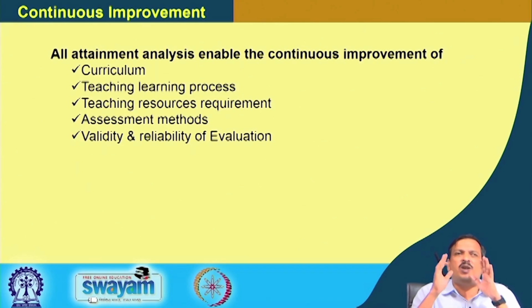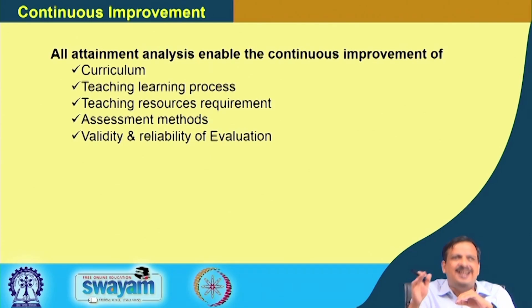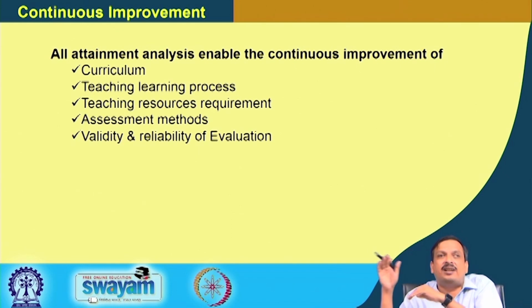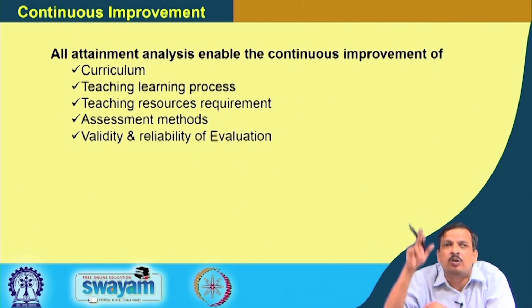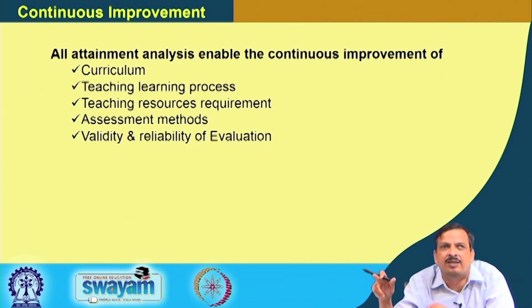Suppose you have tested one CO, and let CO number 3 fail, in the case of my course, as in the example I have shown you. So, CO number 3 is not attained or the attainment is very low. That means I said that I will develop the design ability among the students, but in the curriculum weightage I may cover design in maybe 2 to 3 classes, which is not sufficient to develop their design ability.